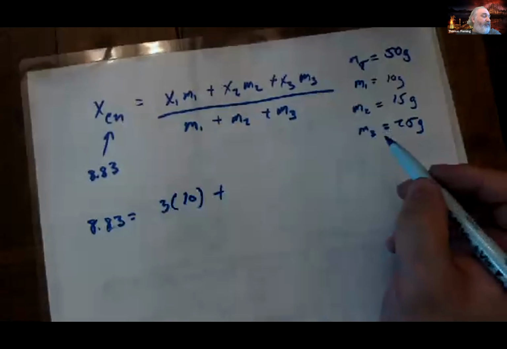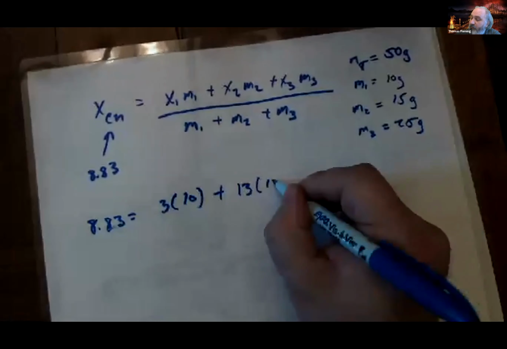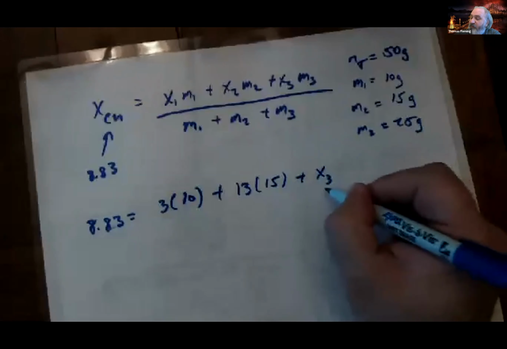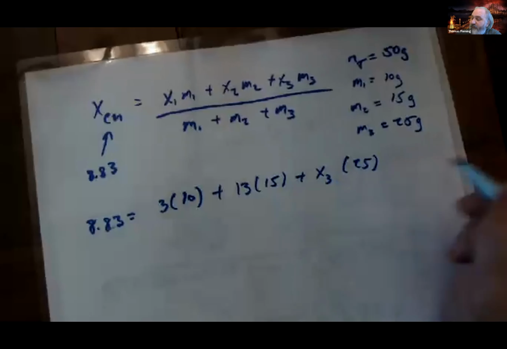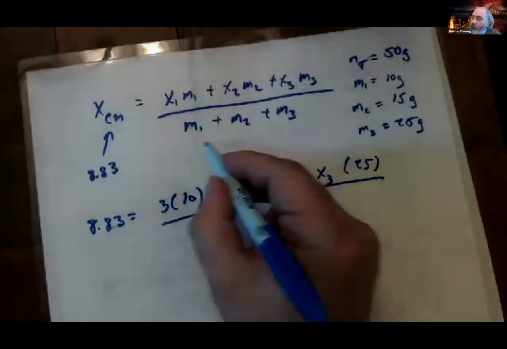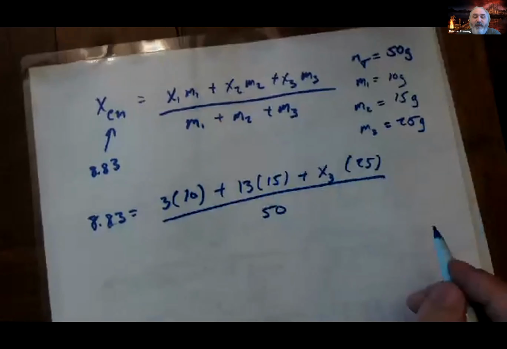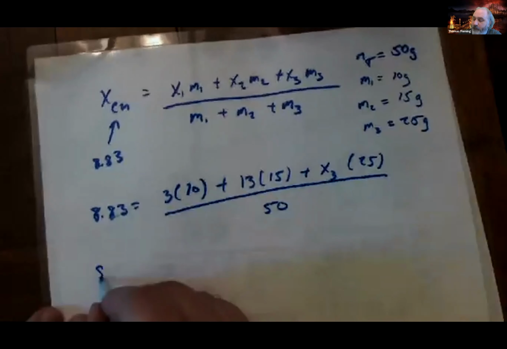X2 is position 2, which we said was 13 meters, times mass 2, which is 15 grams, plus X3, the position of the missing piece that I don't know yet, times 25 grams, all over the total mass, which was 50. And all I've got to do is get X by itself. So I'll multiply both sides by 50.